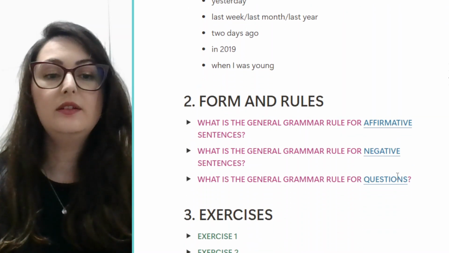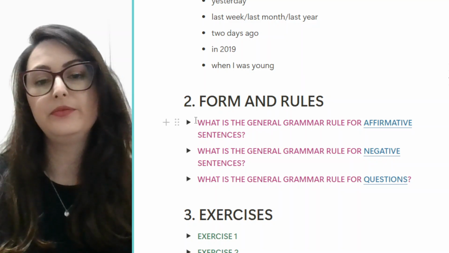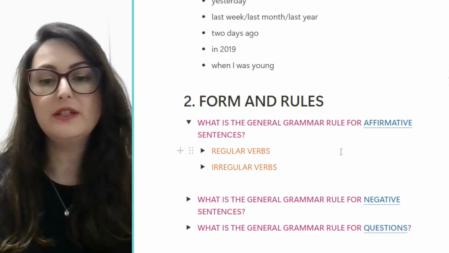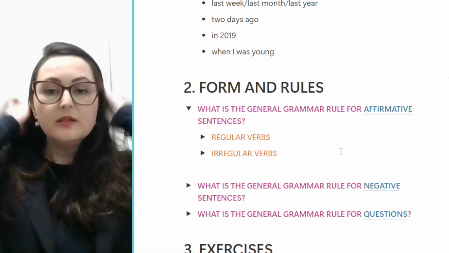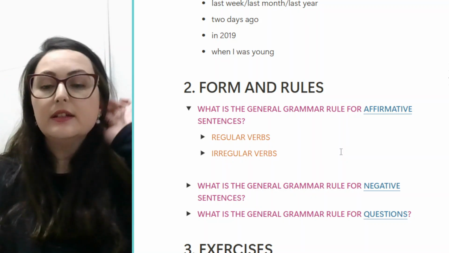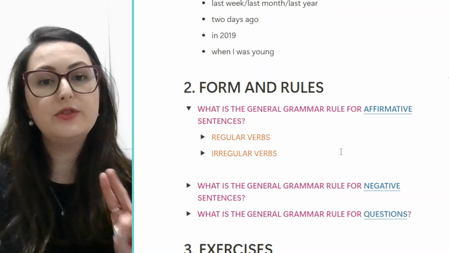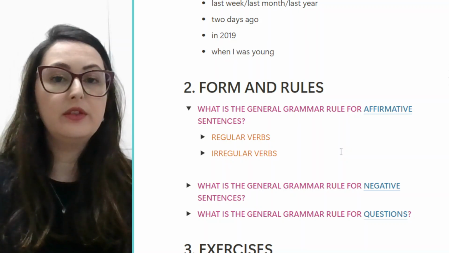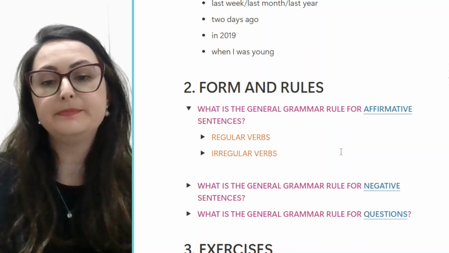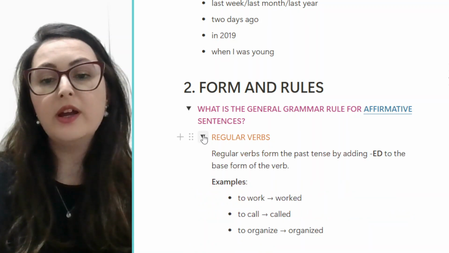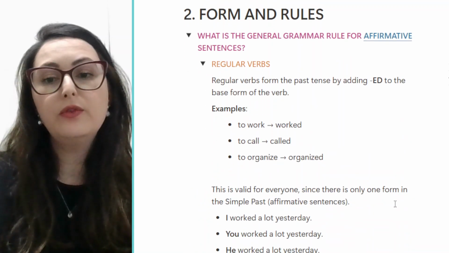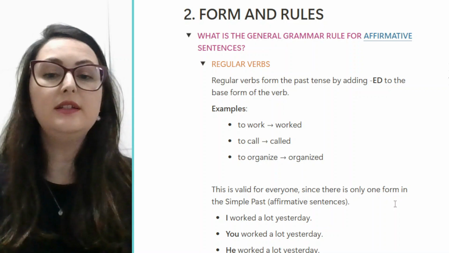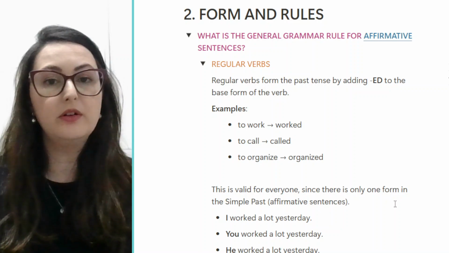Now, let's see form and rules, starting with affirmative sentences. Now, it is important to note that in this situation, we have two kinds of verb. They can be regular or they will be irregular. So, regular verbs, they form the past tense by adding ed to the base form of the verb.